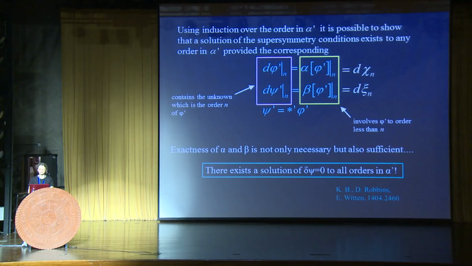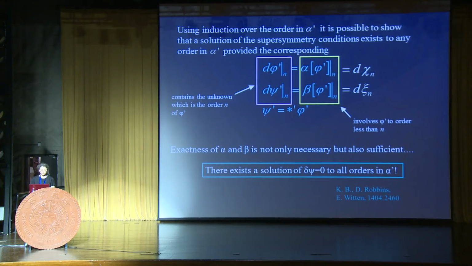So this exactness of alpha and beta to any order in alpha prime is something that we have to put in. So we are not going to prove it by computing corrections to the gravitino variation, but the next thing I'm going to do is to translate these conditions into a property of space-time. And later on, we will try to derive this property of space-time from first principles.